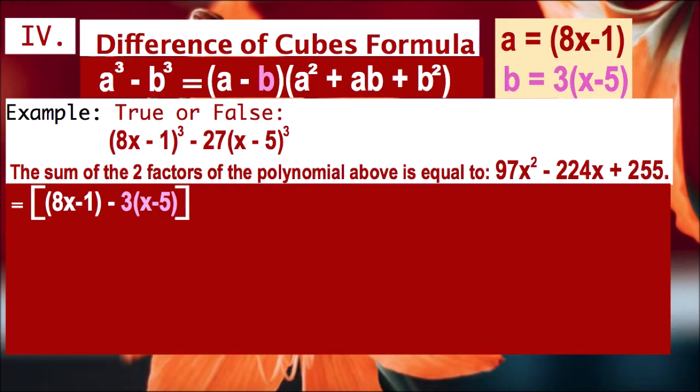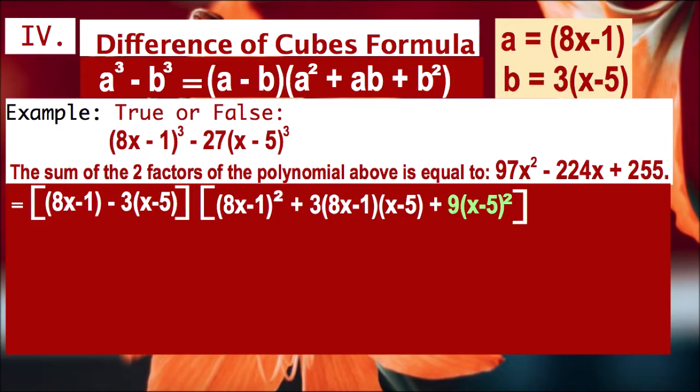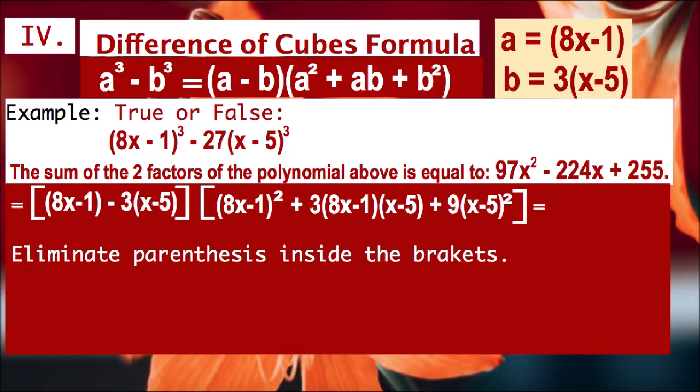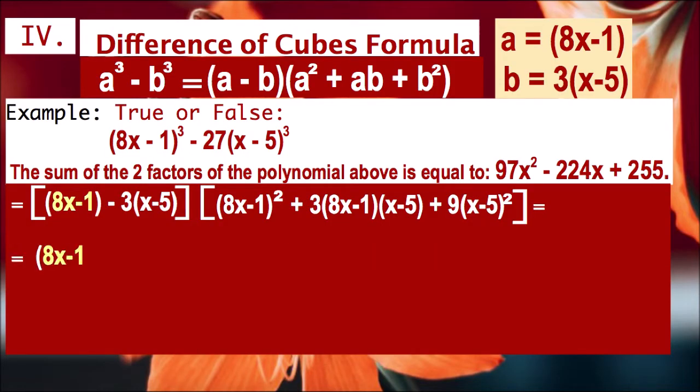So we have a minus b times a squared, which is 8x minus 1, everything squared, plus ab, which is 3 times 8x minus 1 times the quantity x minus 5, plus b squared, which is 3 times the quantity x minus 5, everything squared, which results in 9 times the quantity x minus 5 squared. Eliminating parentheses inside the bracket results in 8x minus 1 minus 3x plus 15.